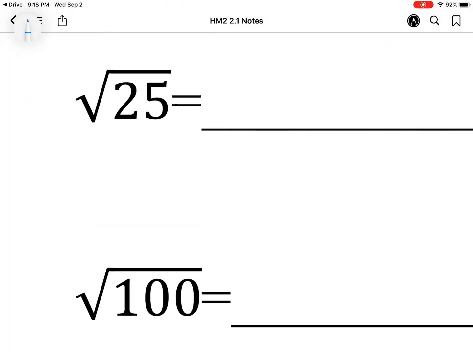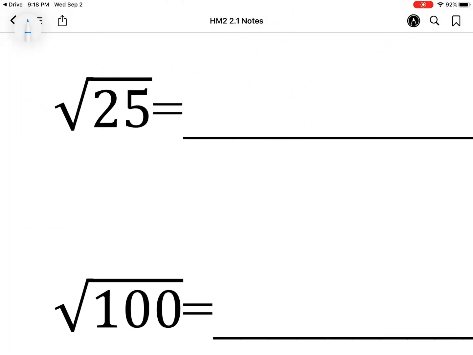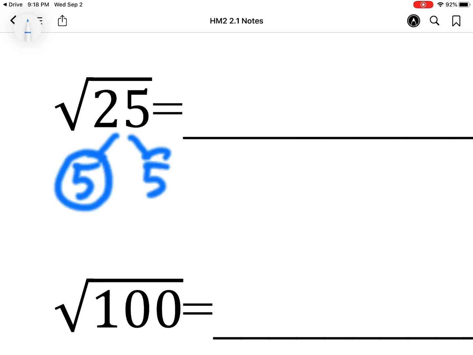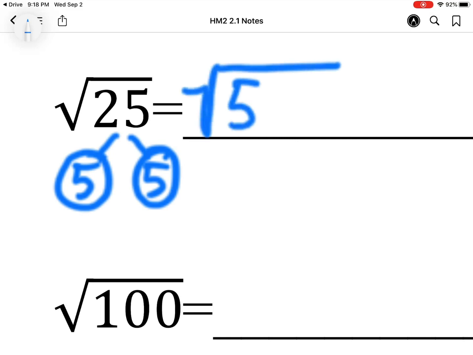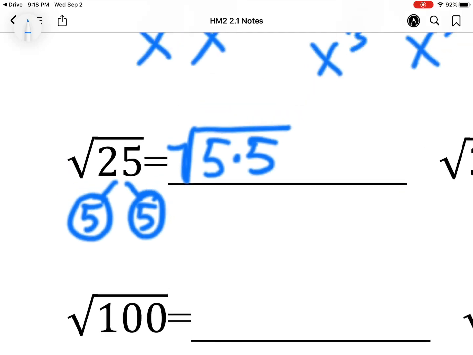So let's go through how we're going to simplify these radicals. First, I want to do the prime factorization of it. So for 25, we have 5 times 5. Well, 5 is prime, so under the radical we have 5 times 5.